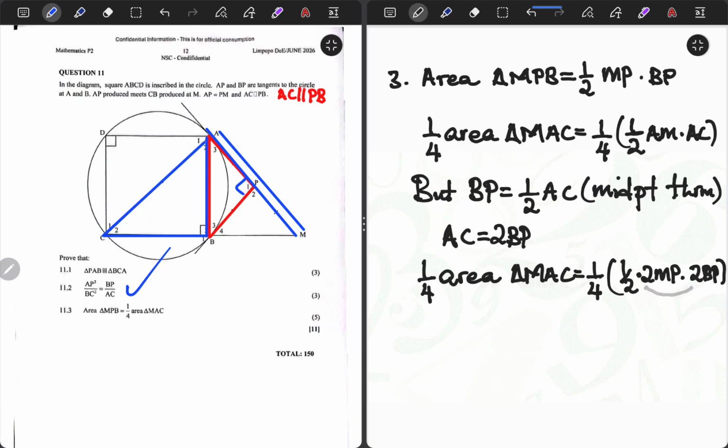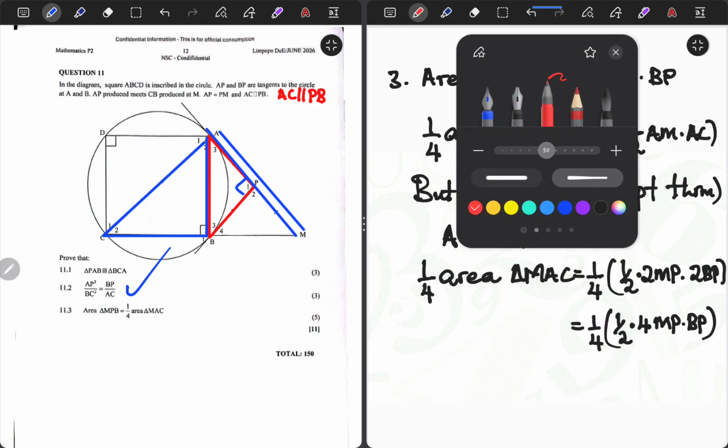This will give us 4, one over 2.4 MP BP. So 4 will cancel out 4.